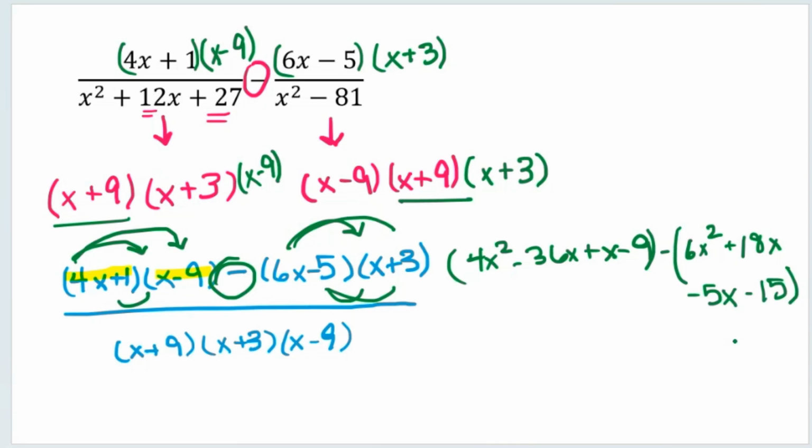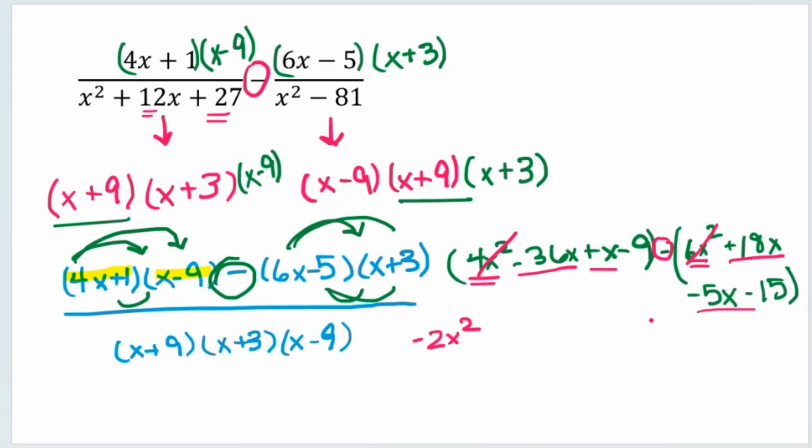Once I have this, I can start to look for my like terms. All right, I have 4x squared and 6x squared, we need to remember we're minusing. 4x squared minus 6x squared is negative 2x squared. Cross those out just so that I know I've done them. Negative 36x plus x plus 18x and negative 5x over here.